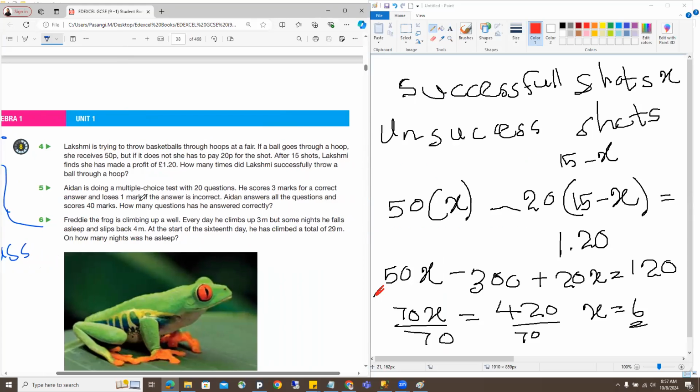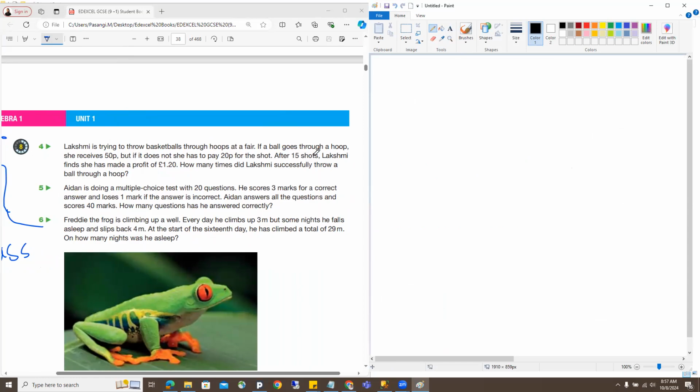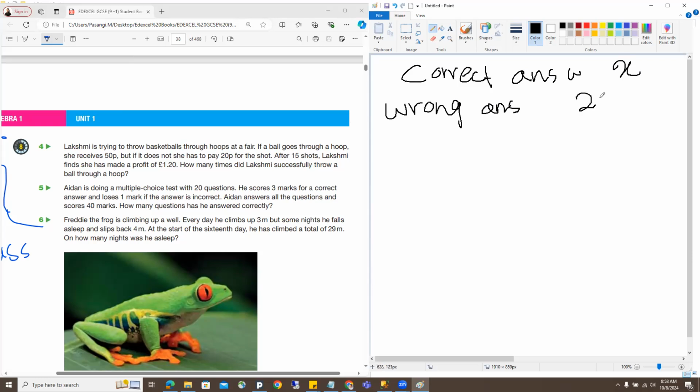Aiden is doing a multiple choice test with 20 questions. He scores 3 marks for a correct answer and loses 1 mark for a wrong one. Aiden answers all the questions and scores 40 marks. If the number of correct answers is x, then the wrong answers would be 20 minus x.